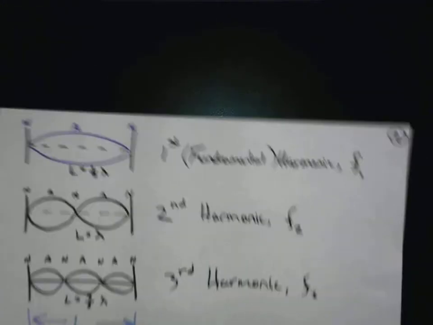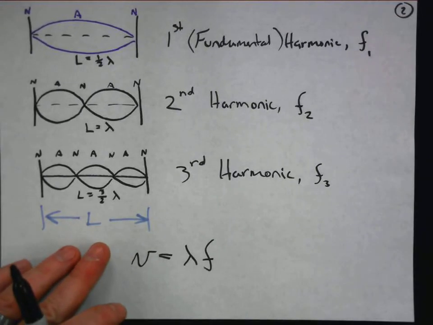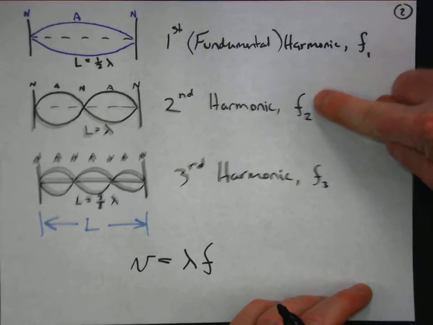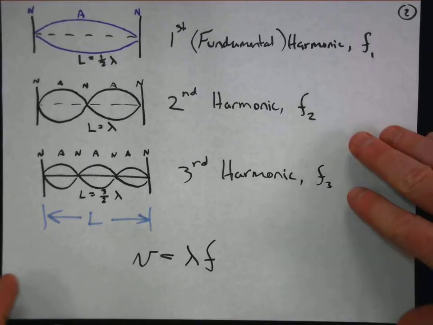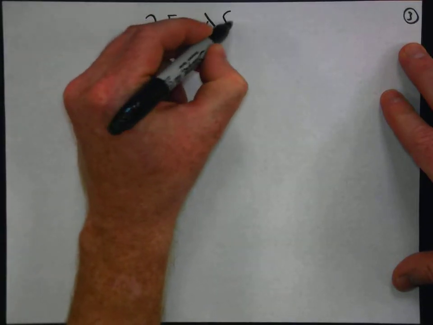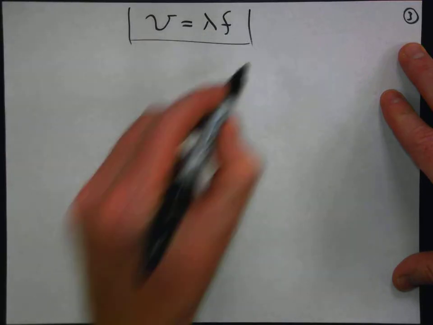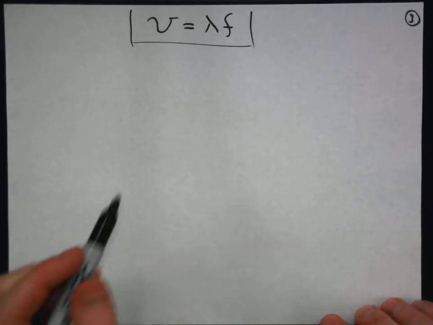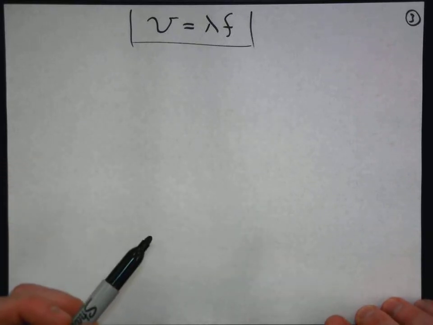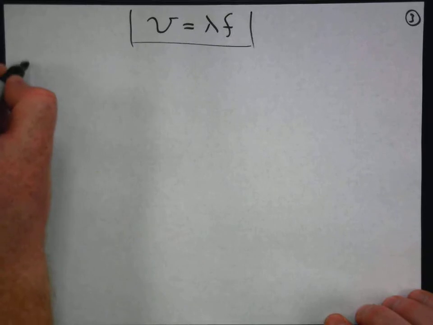So what we want to do is have a sort of general thing to say, but there's some specifics we want to have with these different harmonics. So check this out. This relationship between speed, wavelength, and frequency is going to guide us this whole way. From that relationship, we can relate length to wavelength, and therefore we can define certain lengths that produce these harmonic frequencies.